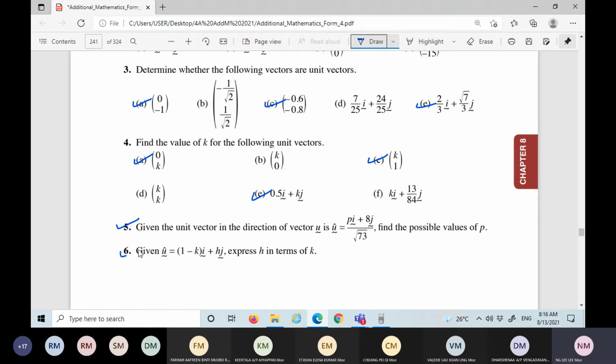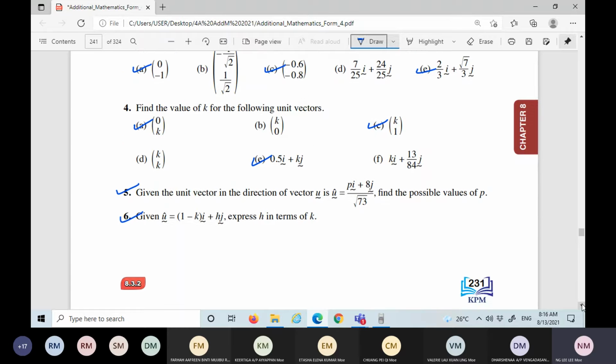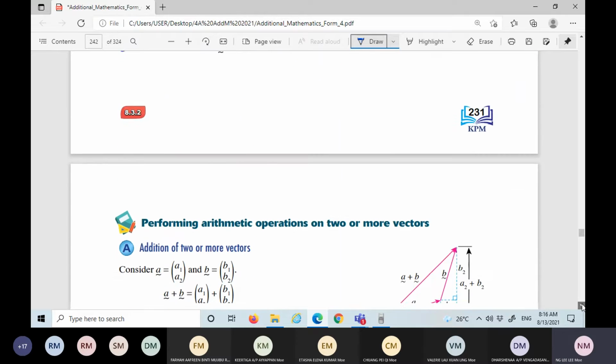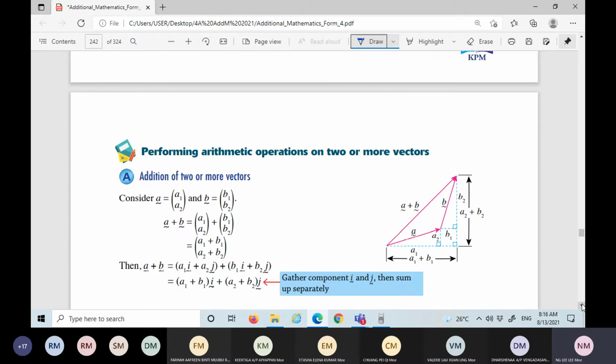This one you have to do, this one you have to do. So this is for the first homework. Now we go to the next one. This is also very simple.